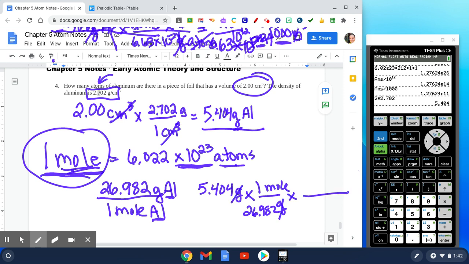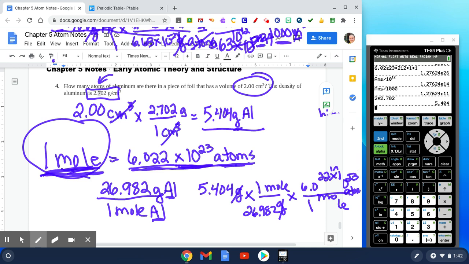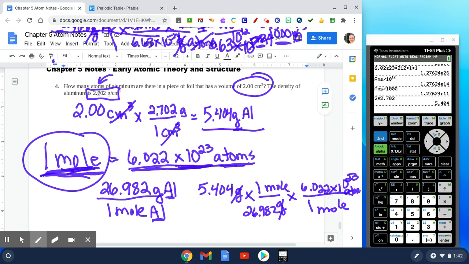And then I also know that for every 1 mole, I have this many atoms. This is the same no matter what substance you're talking about. So for every 1 mole, I have 6.022 times 10 to the 23rd atoms. Then I'm going to do the same thing I did before. I'm going to multiply across the top.